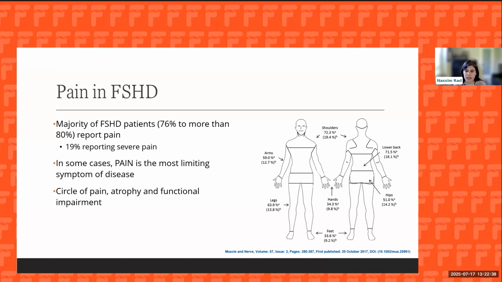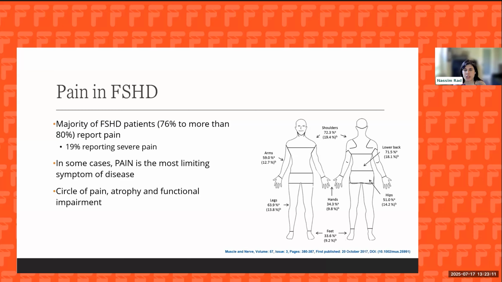So here is an FSHD patient and a study that looked at where are the most common areas of pain seen. So we see that shoulders and low back are the most common areas of pain. And these are notably the weakest parts of individuals with FSHD. So muscle weakness means that those muscles can't generate enough force to sustain our upright posture, to support our joints.